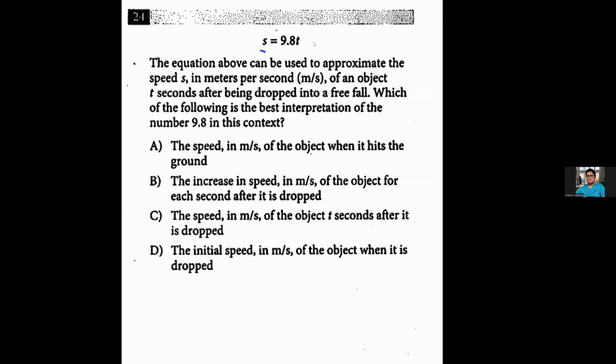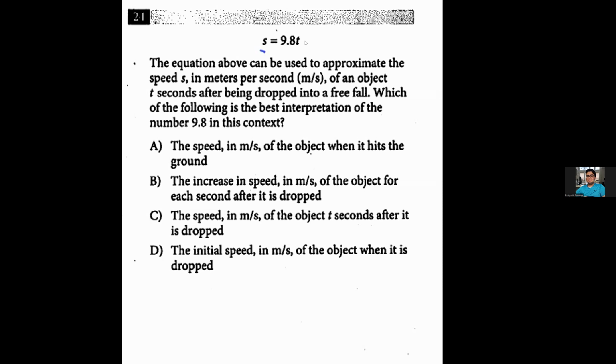In this case, if you've studied physics, you know that 9.8 is just gravity. So what is the best interpretation of 9.8 in this context? Well, we have speed equals 9.8t.